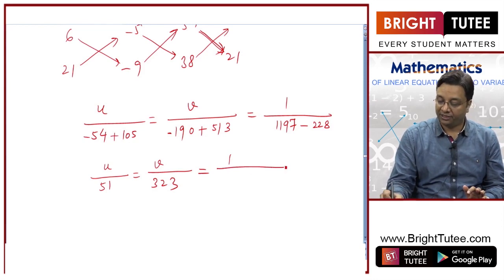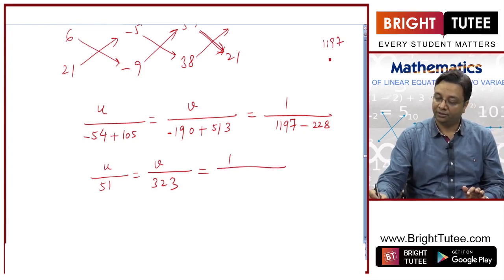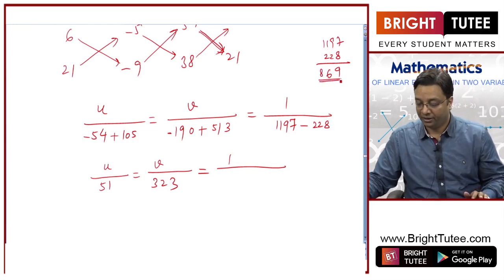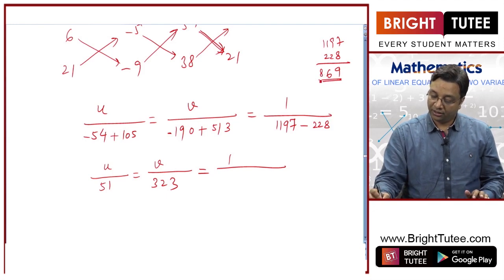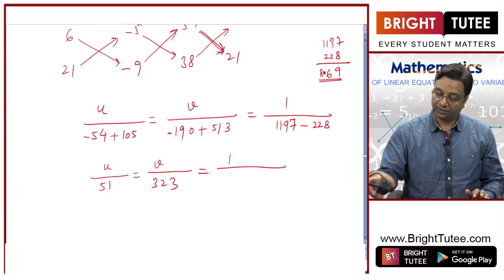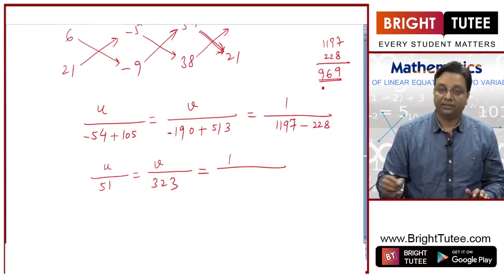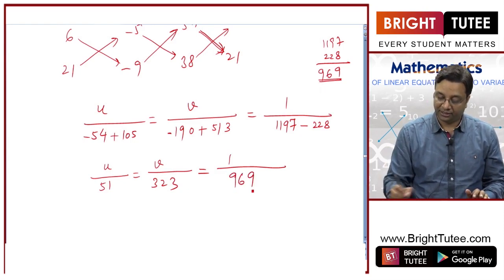Okay. 1 divided by 1197 minus 228, this will be equal to 969. Okay. So 1 divided by 969 here.